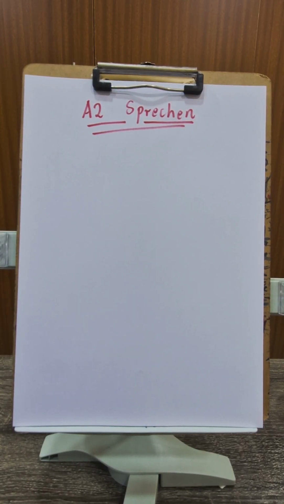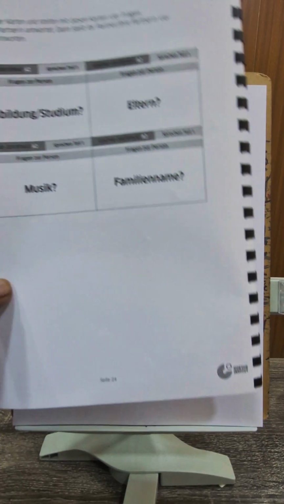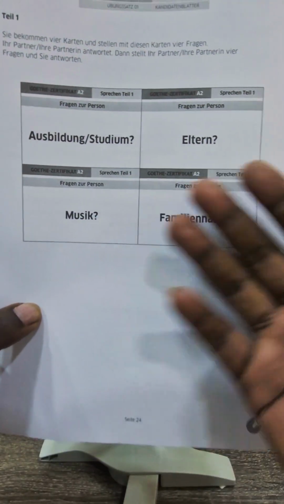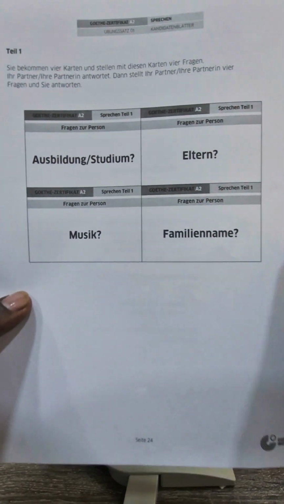First of all, note that the A2 Sprechen, remember this is the Goethe-Zertifikat, is divided into three parts, which we're going to see in this lesson. In the very first part, you are going to be given four cards, just like the ones I'm showing you right here.